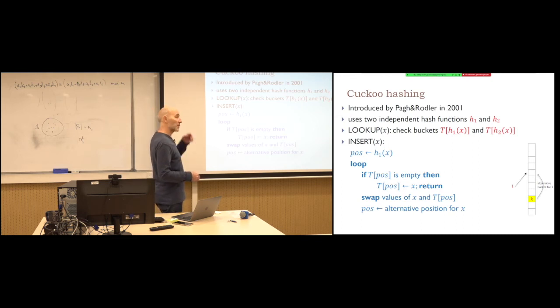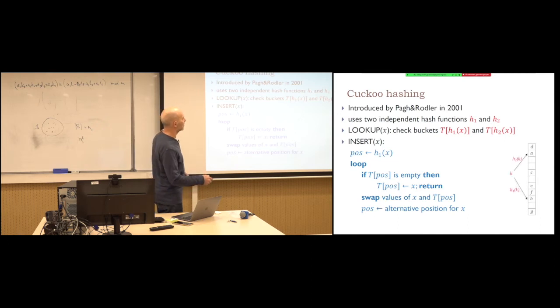So, for example, if there are two objects x for which both h1 and h2 are equal. Yes, in this case, we definitely have a problem. Sorry, not for 2, but for 3. If we have 3 objects, x1, x2, x3, for example.